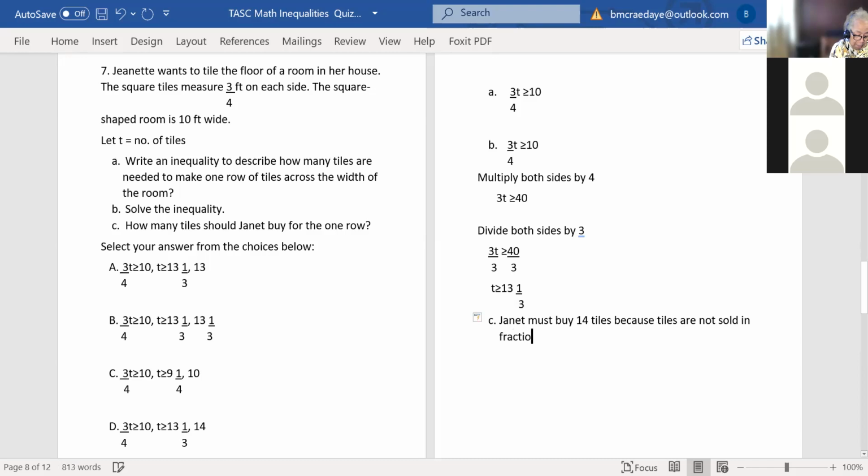In other words, you can't buy a fraction of a tile. So 13 and 1/3, 13 wouldn't be enough. So she has to buy 14.